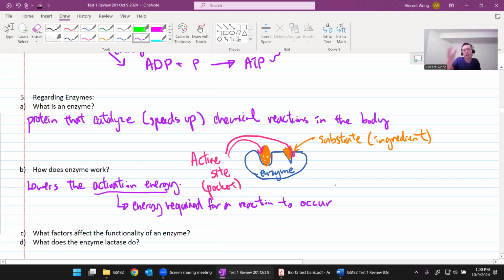You must supply a little bit of energy before the reaction can happen, and sometimes those energy requirements are too high and not sustainable in the body. That's where an enzyme comes in. It still lets you do the same reaction, but at a reduced energy cost. Instead of supplying 100 units of energy, you only need to supply 60 units. That's what enzymes do.